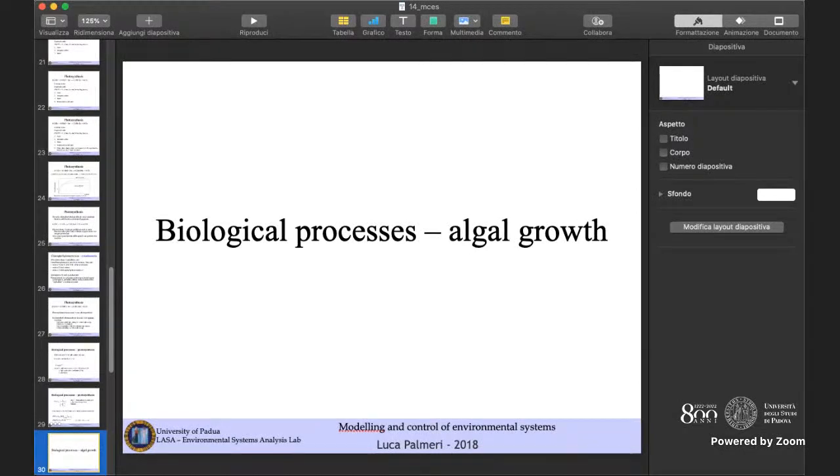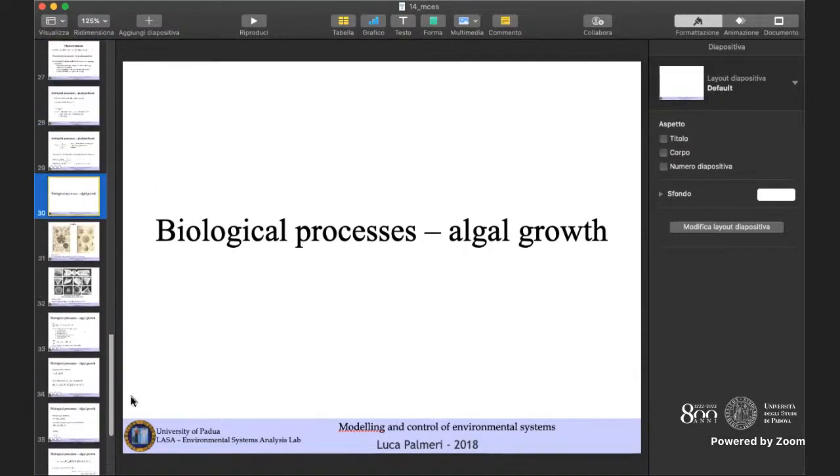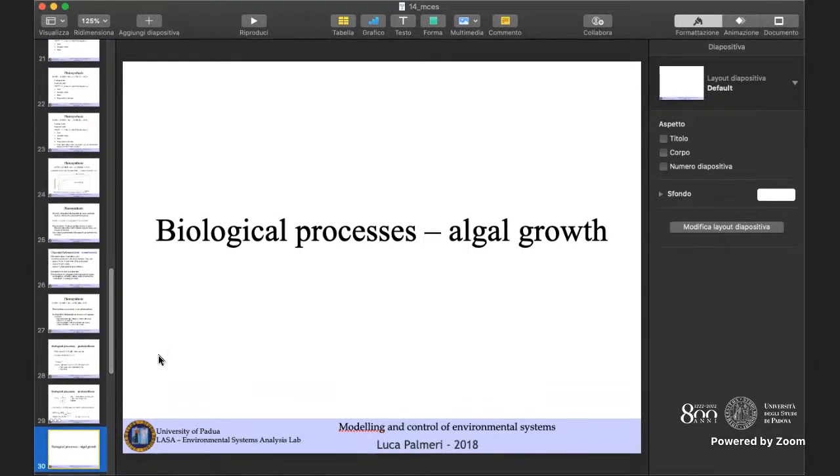Please note that this is really the model that is embedding all the ideas and concepts that we have discussed up to here. And so this is the most complete model, which includes all the factors that we have described during the class.